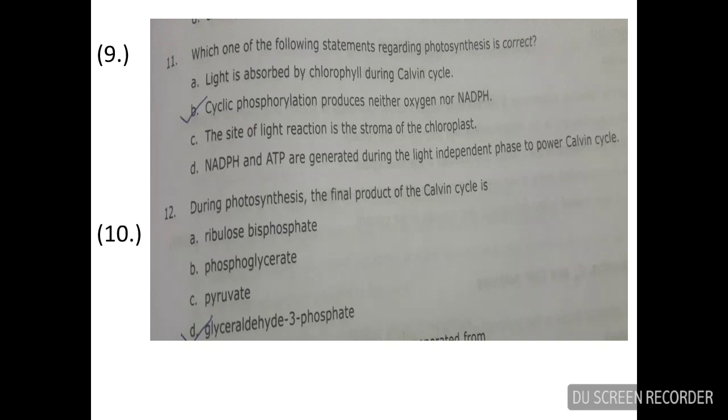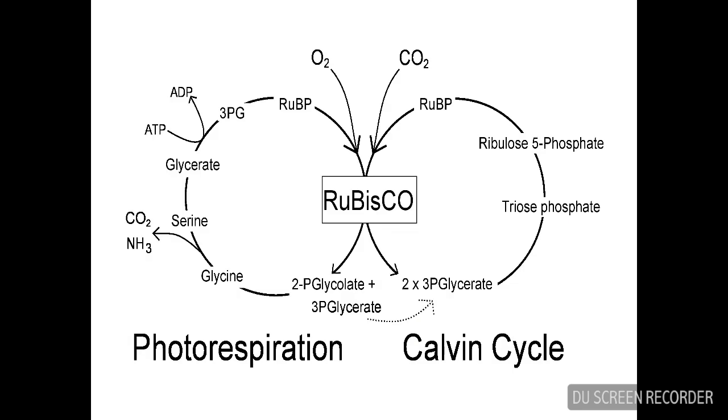And the next question is question number 10. During photosynthesis, the final product of Calvin cycle is glyceraldehyde 3-phosphate. When carboxylase reaction occurs, CO2 is added in this process.